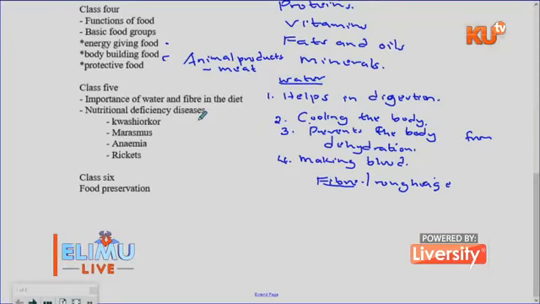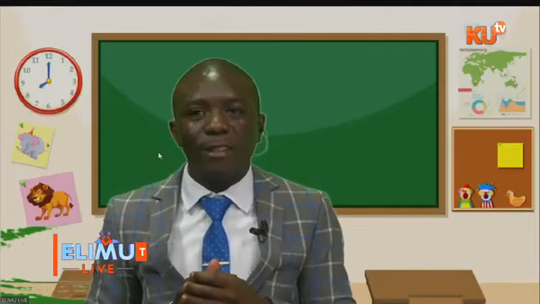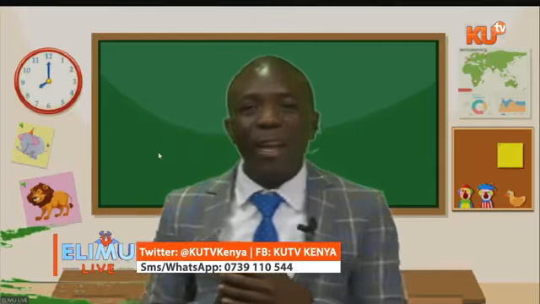So the basic nutritional deficiency diseases that are commonly tested in KCPE are kwashiorkor, marasmus, anemia, and rickets. Kwashiorkor, marasmus, anemia, and then rickets. Marasmus is a disease caused by lack of all nutrients in the body.